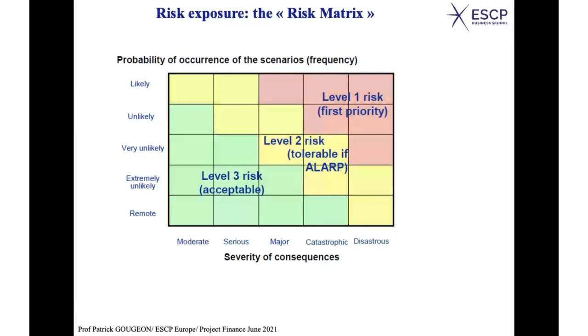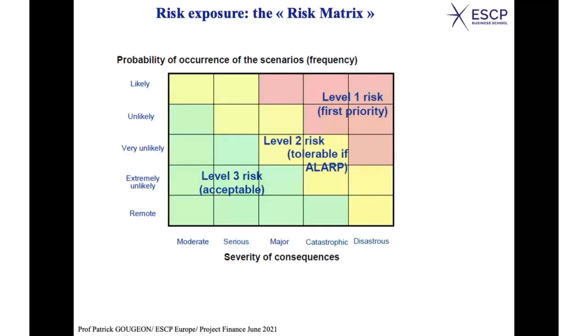In other words, you are looking at a risk as an event that can produce a negative impact. So you measure the severity of consequences, and this event has a certain probability of occurrence, which you also measure on the vertical axis. So one risk would be somewhere on the map.